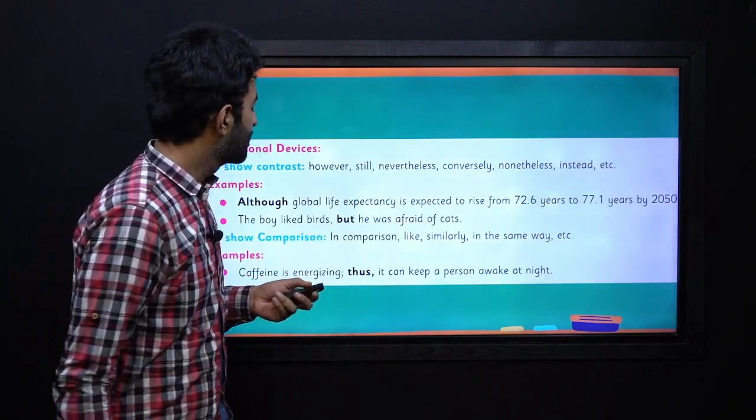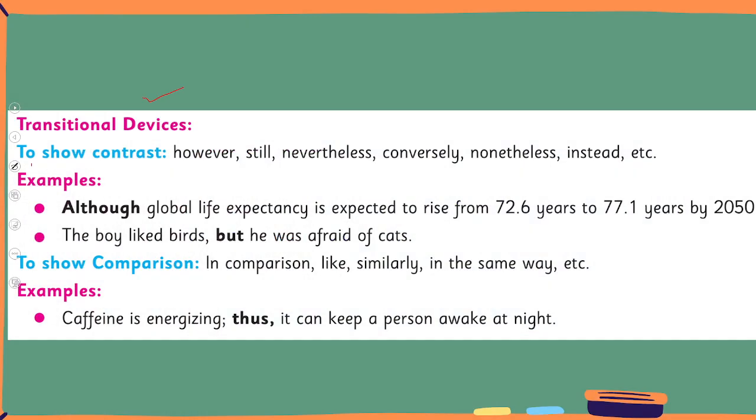Now let's talk about transitional devices to show contrast. If we want to show contrast in our writing, in our ideas, and present some other idea on the opposite, we can use words like however, still, nevertheless, conversely, nonetheless, instead, and there are a lot of other words as well, etc. For example, although global life expectancy is expected to rise from 72.6 years to 77.1 years by 2050.